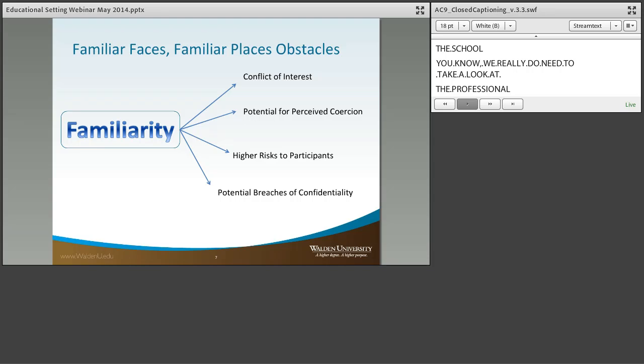Certainly, for researchers in positions of authority, there might be some limitations on how they can actually collect the data, and we'll go into that a little bit more. But certainly, it's placing the research within the context of the situation and what might be acceptable given a certain position. There might be some different nuances and some different issues that need to be considered for somebody in a different circumstance.